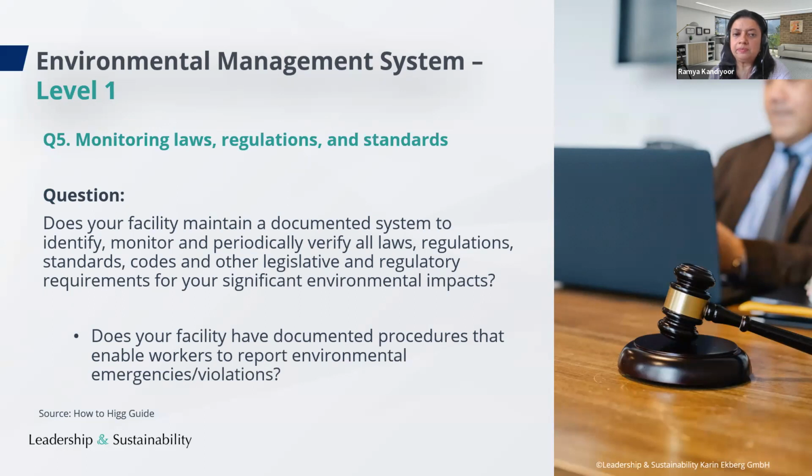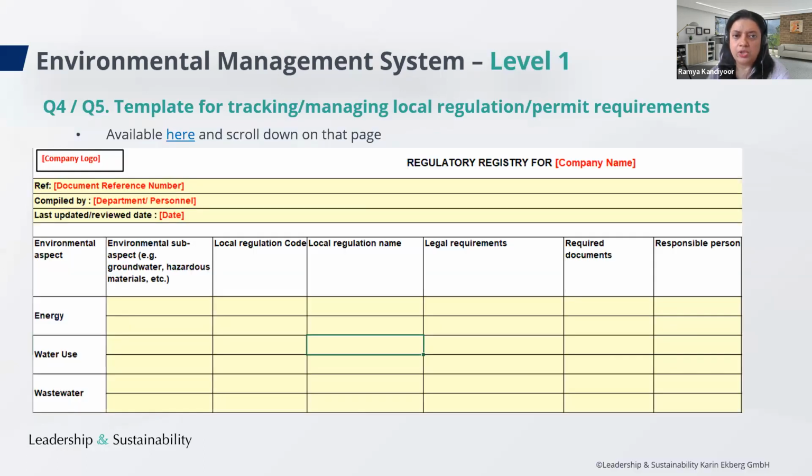So this again, you should have documented procedures which you are able to show as evidence to the verifier. And we have here given you a template which you will be able to go into to understand the manner in which you would be able to maintain this in your system.